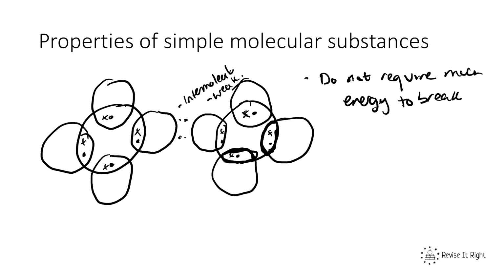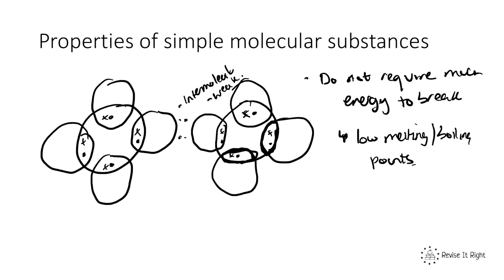And we know from previous videos that that means they have low melting and boiling points. So one property of our simple molecular substances is that they have low melting and boiling points. The reason for that is that the intermolecular forces are weak and therefore they do not require much energy to break.